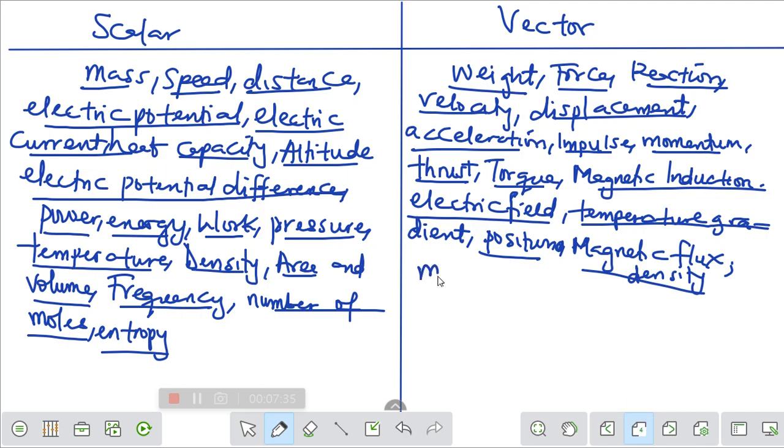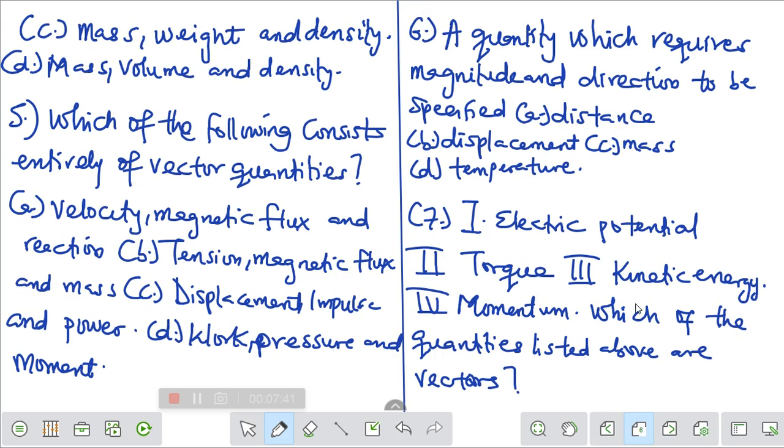So which of the following consists entirely of vector quantities? Look at it. Velocity, magnetic flux. Magnetic flux, what will remain there is magnetic flux density. So option A, velocity, magnetic flux density and reaction. Option B, tension, magnetic flux.